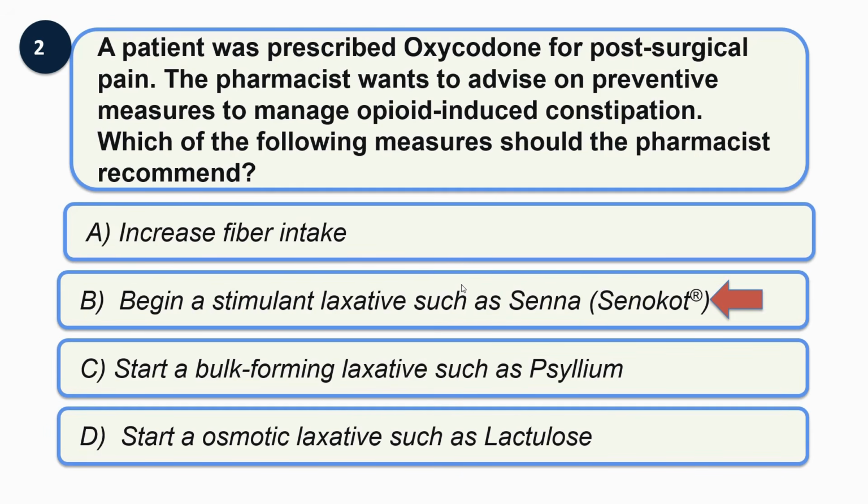Whenever you initiate opiates such as oxycodone, they are often given with senna or Senokot to prevent constipation. Opioid-induced constipation is a common side effect of opiates and can be prevented by using senna along with oxycodone.